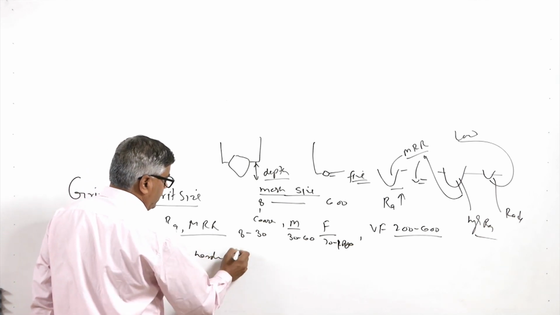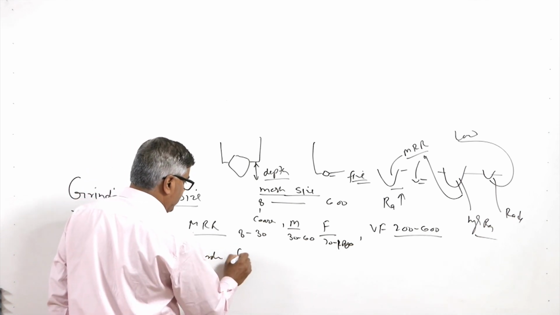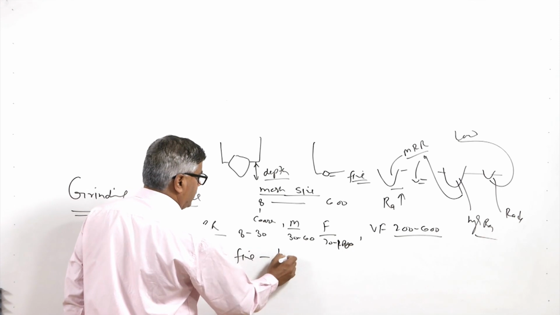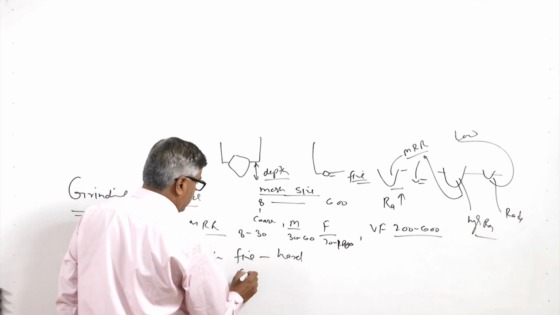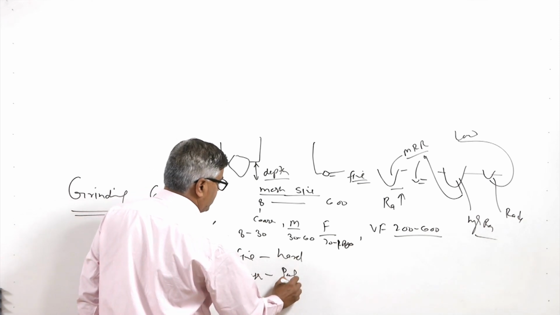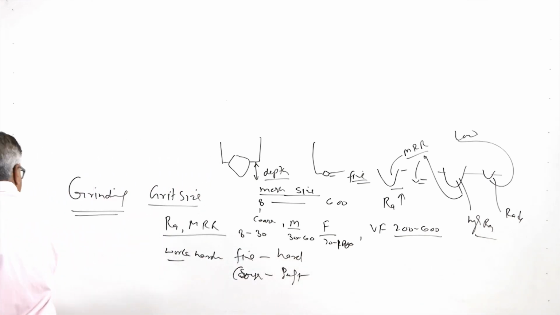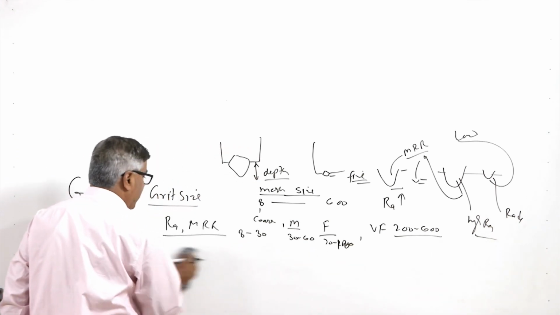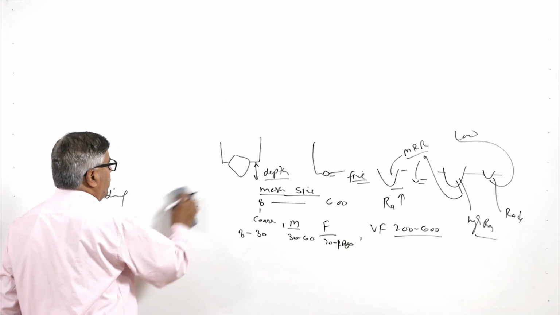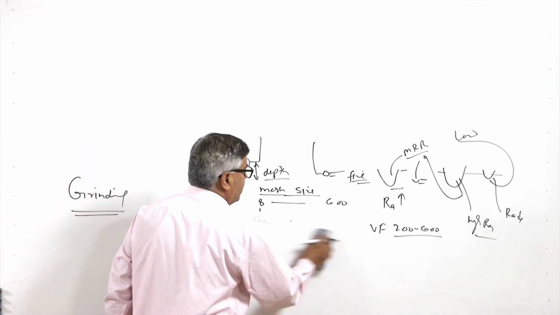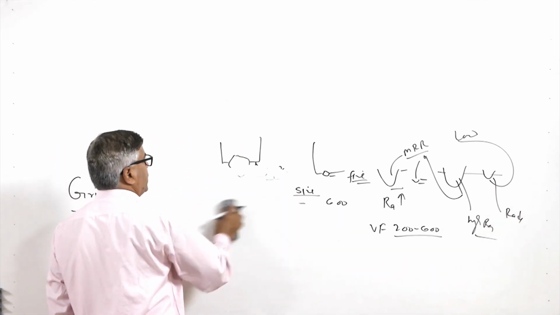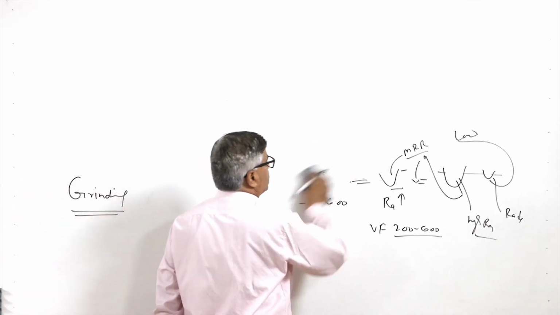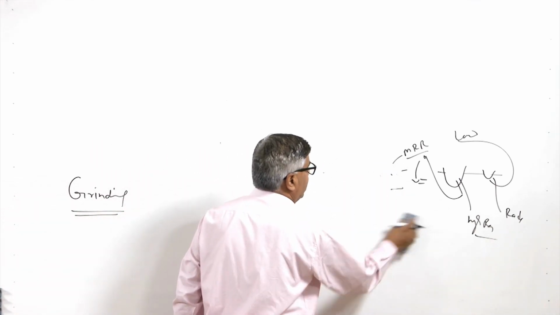So, normally fine grit is used for the hard materials and coarse grit is used for the soft materials, because the coarse abrasives will have the tendency to get fractured when they are used for the grinding of the hard materials due to the action of the heavy cutting forces which will be acting during the grinding.